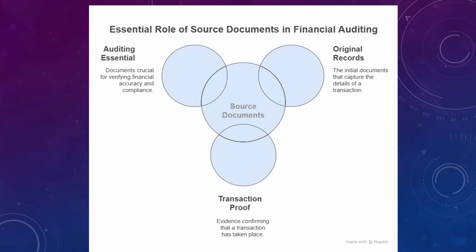It is the very first record of a transaction. So when persons come to audit your firm to see if your accounting is true or not, they are coming to look at your source documents first. So it's very important when it comes to verifying the accuracy of your accounting.